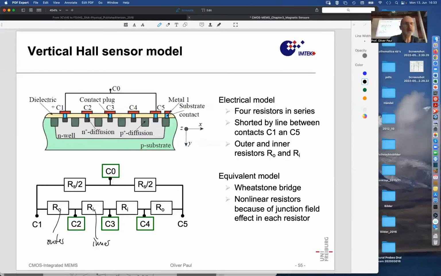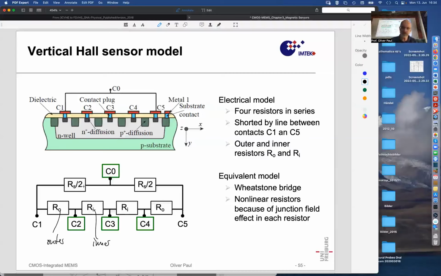And then we have this connection on top, which has some resistance R_S half. That's how I call it. And then actually we have 4 contacts, C0, and then C2, 3, and 4. What was 1 and 5 is now connected into what we call C0. Okay, so this is our linear device.